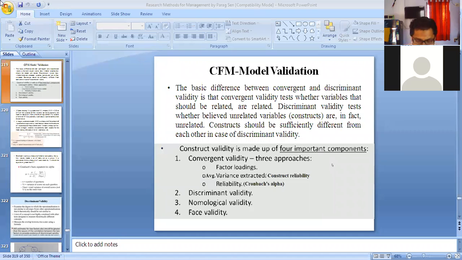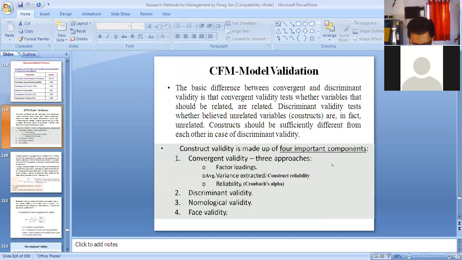And the fourth part, model validation, that we are going to describe in detail today. Earlier we also discussed the different fitness indices to test whether the model is fit or not, that means whether it has the capability to reproduce the data or not. That is how we checked the fitness of the model.